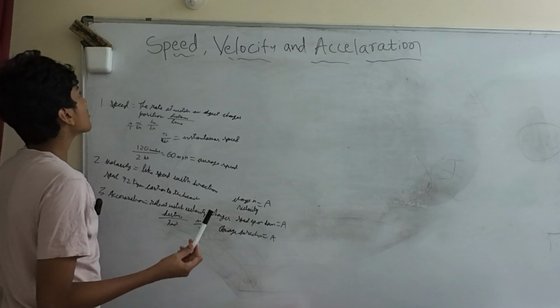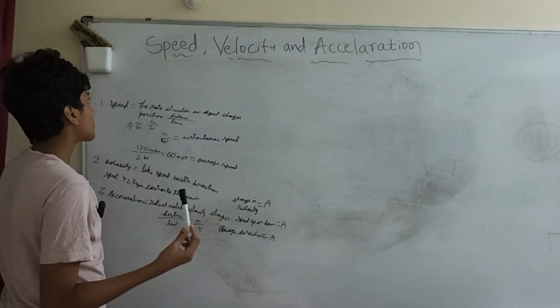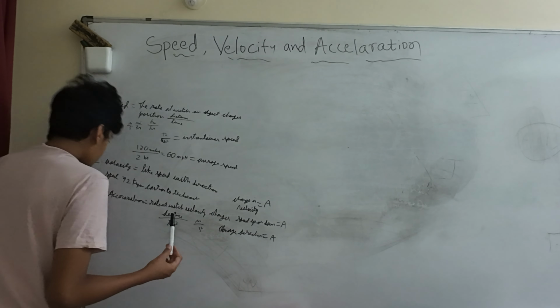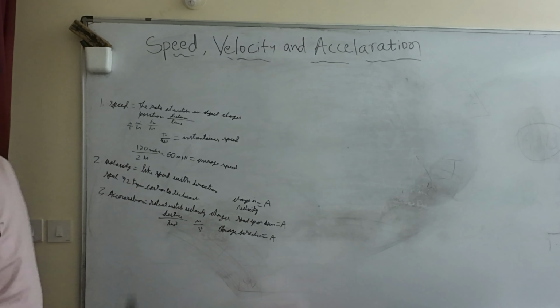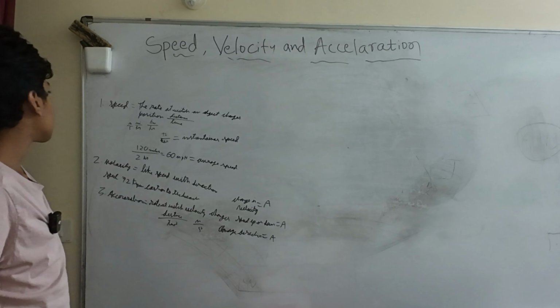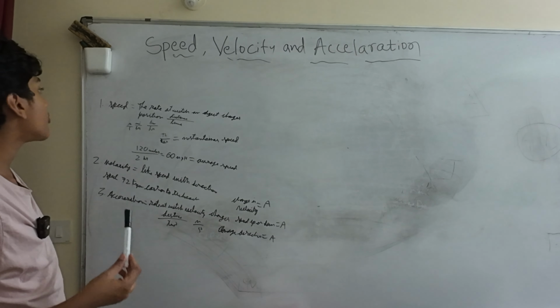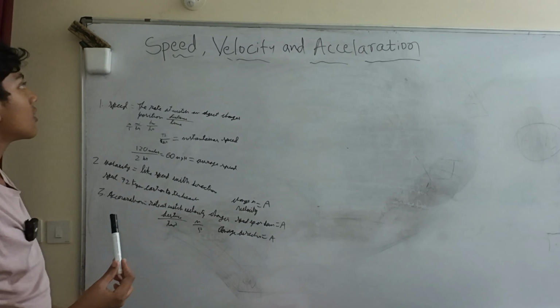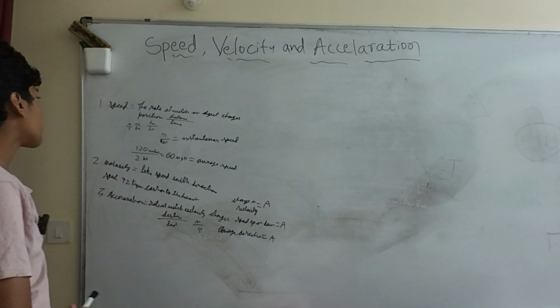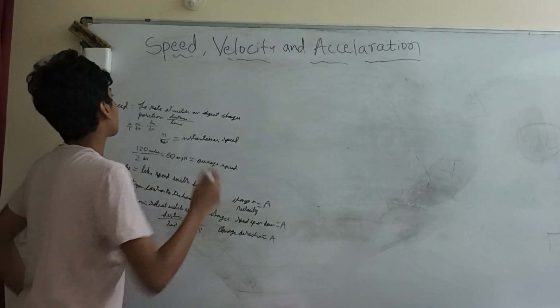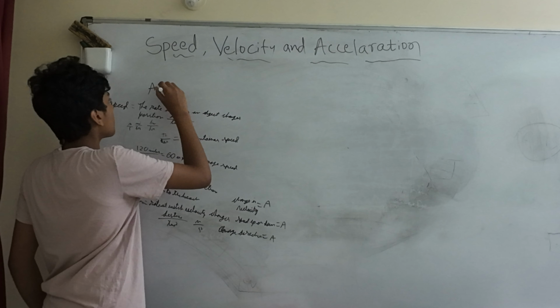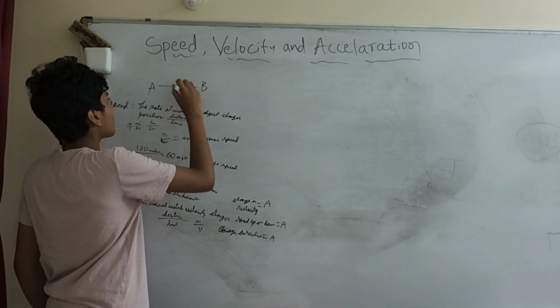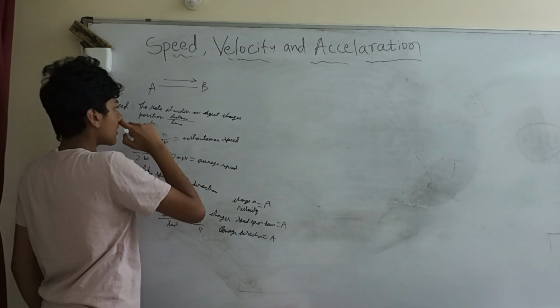So first, what is the definition of speed? The definition of speed is the rate at which an object changes position. The rate of how fast that object changed position from, for example, point A to point B. How fast did it go?